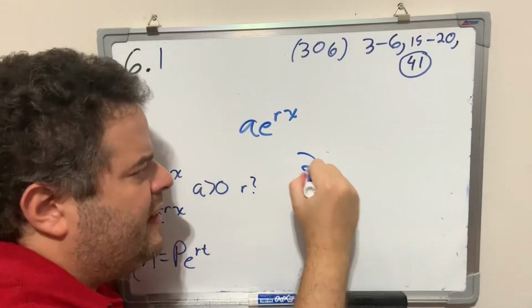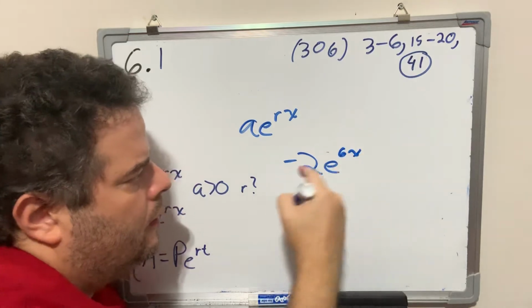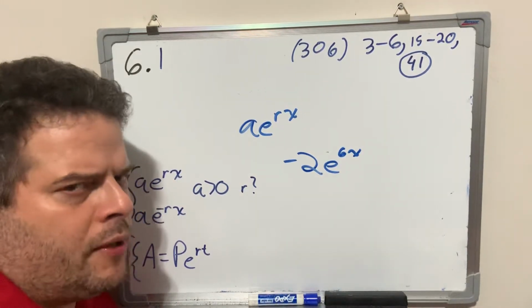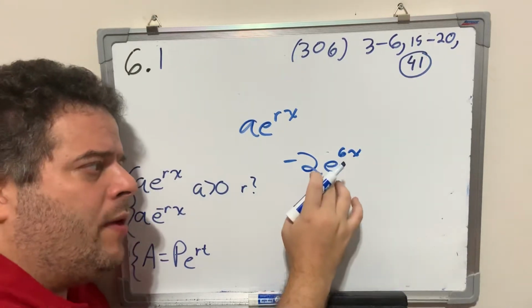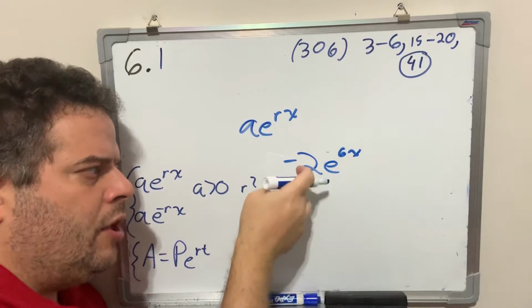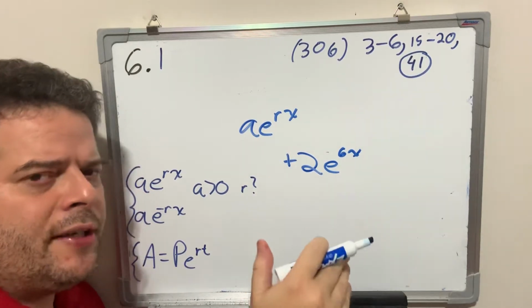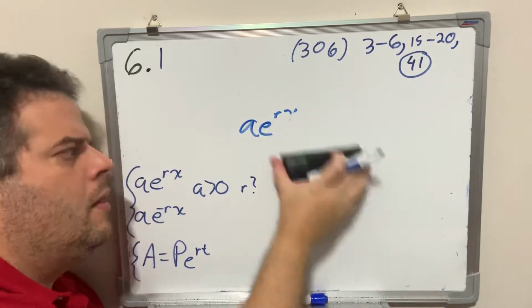If your A is negative, for example, in this case, that does not qualify. That would be something else. It's not either exponential growth nor exponential decay. I repeat, when we have a natural base, your A has to be positive in order to qualify for natural base exponential function. If it's negative, something else.